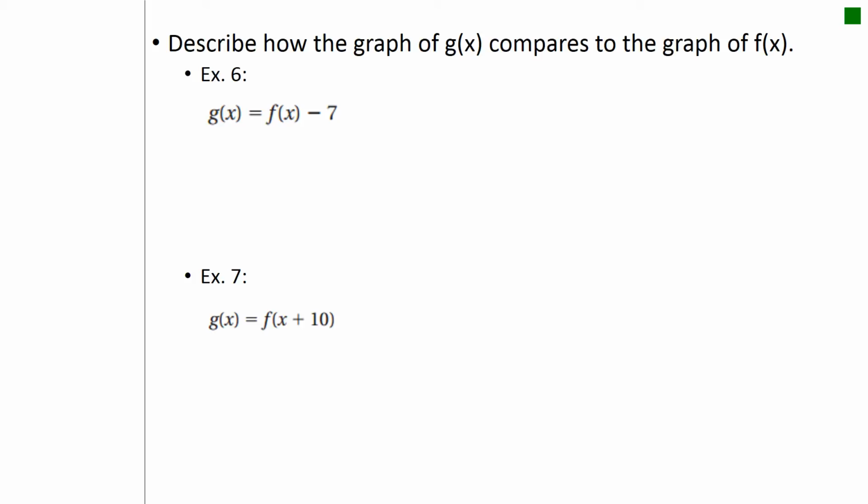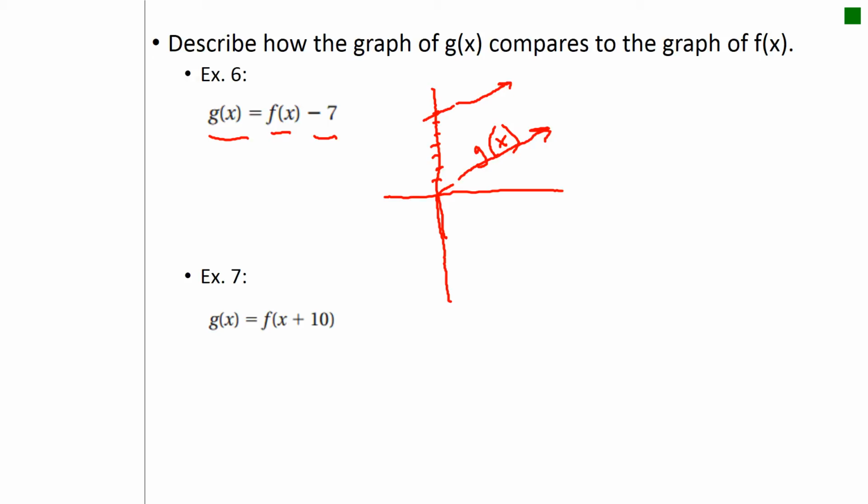Now we're just looking at some general functions. Here, we're not told what g of x is, but we are told that f of x is 7 less than g of x. So if g of x was, just say it was a line like this, we could find f of x 7 above that. So here's g of x, and here's f of x.